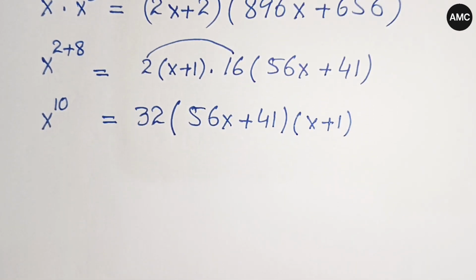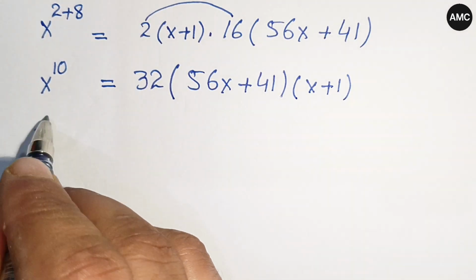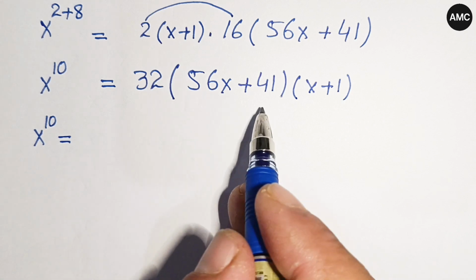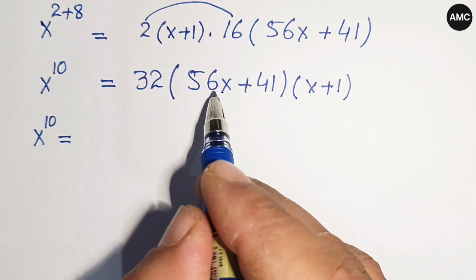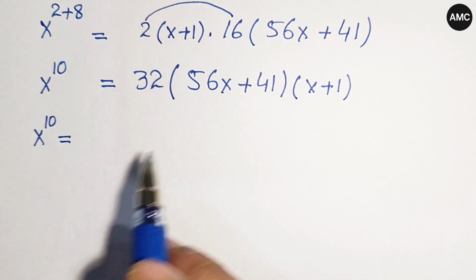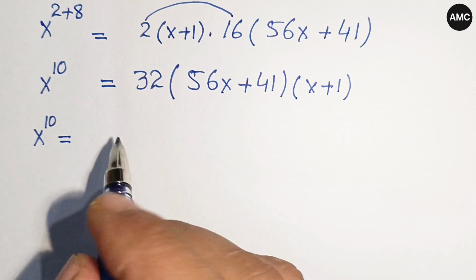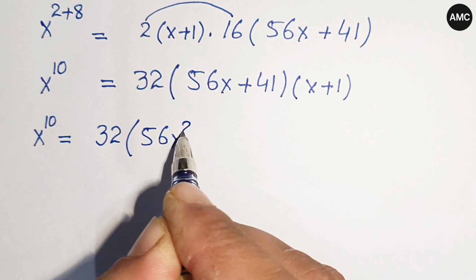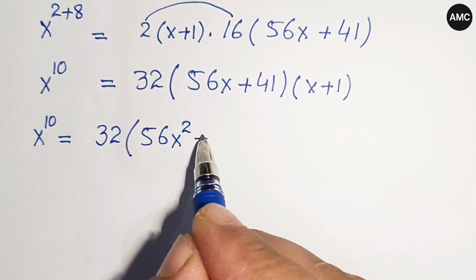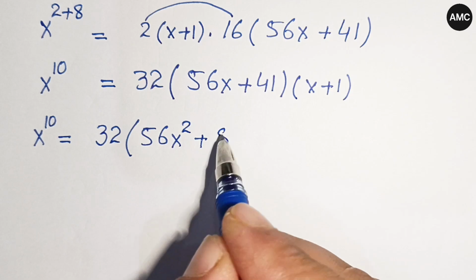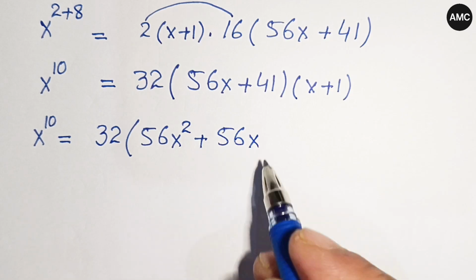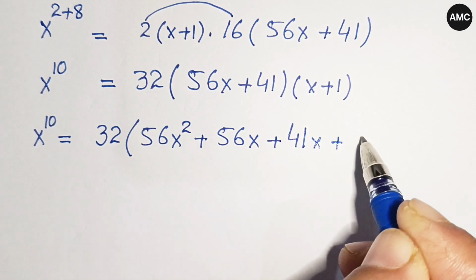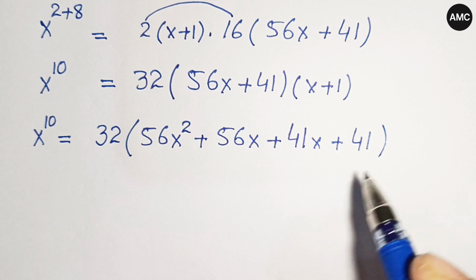Now x to the power 10 is equal to 32 times 56x. So first of all, multiplying this 56x with x, we get 32 times 56x squared, plus, times plus is plus, 56x times 1 is 56x, then plus 41 times x is 41x, plus 41 times 1 is 41.